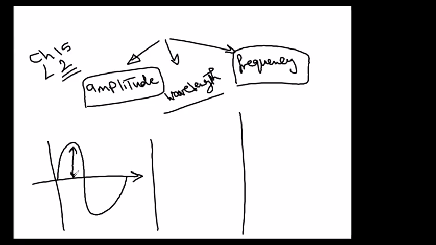So we can say that amplitude is how high a wave can get. So again, guys, amplitude is how high a wave can get.